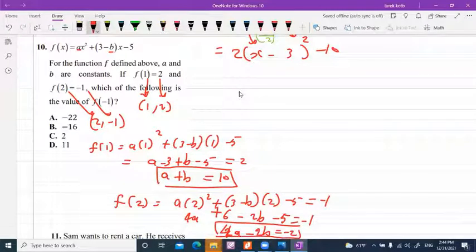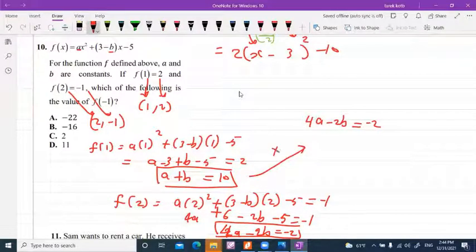Try to solve these two equations. Okay, I will take this one, 4a minus 2b equals negative 2, and I will multiply the other by 2. So it will be 2a minus 2b equals 20. If you add these two equations, the b will cancel.